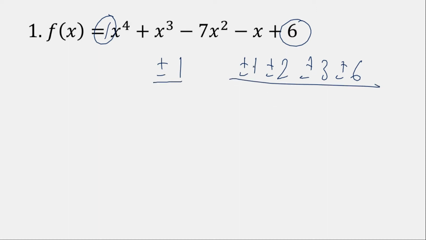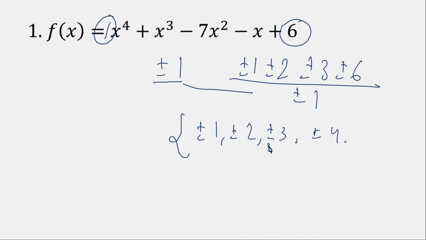Since we divide by 1, we have a list of positive negative 1, 2, 3, 6. So these are the list of our possible zeros.